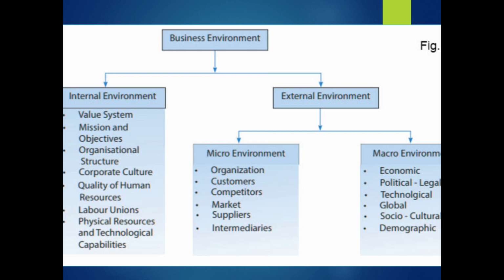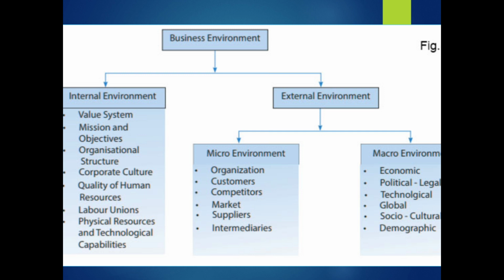Next we discuss the whole business environment. We already discussed that the environment is classified into two: internal environment and external environment. The internal environment consists of value system, mission, objectives, organizational structure, corporate culture, quality of human resources, labor unions, physical resources and technological capabilities.